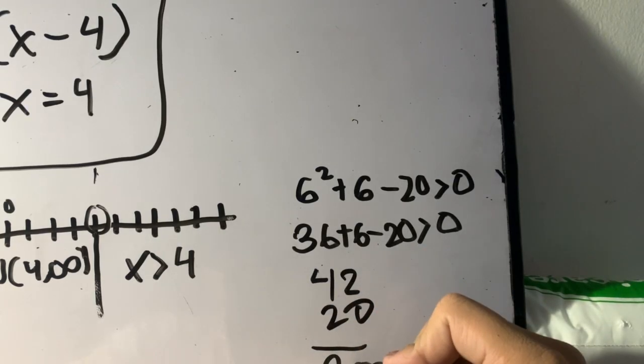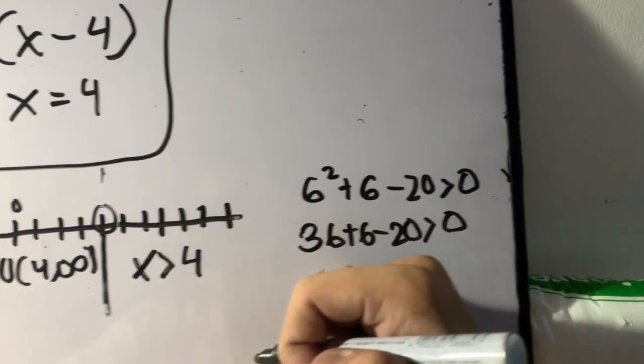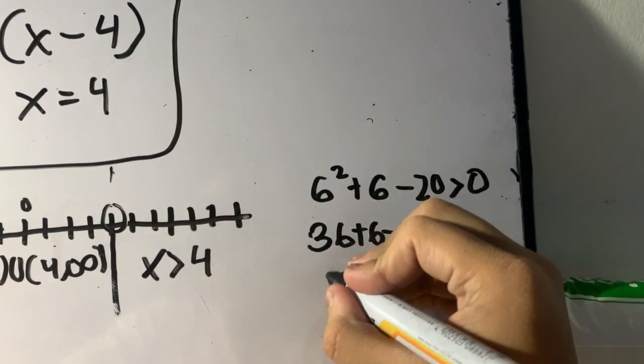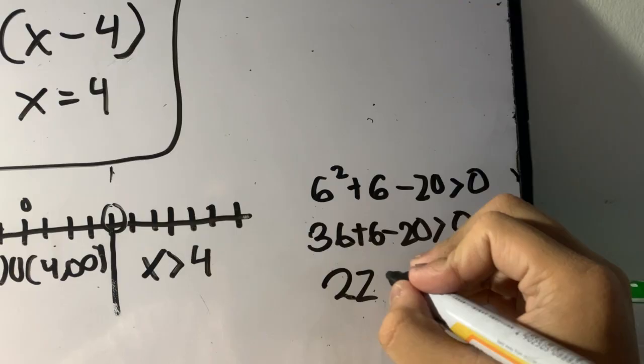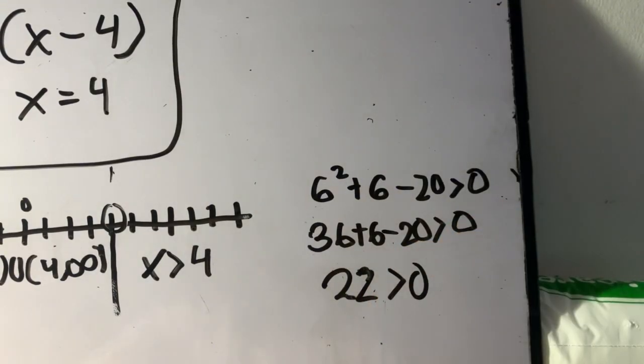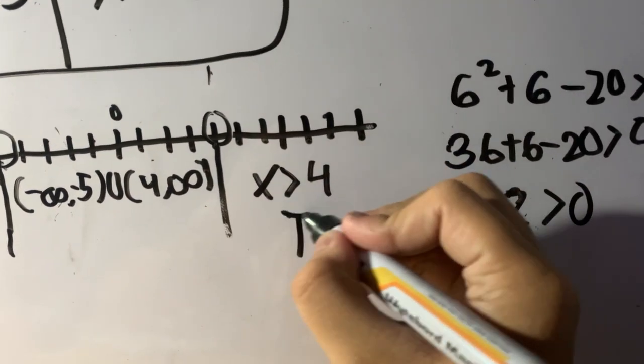That would be 22. So our answer would be 22 is greater than 0. Is 22 greater than 0? That is true. So we'll put a true there.